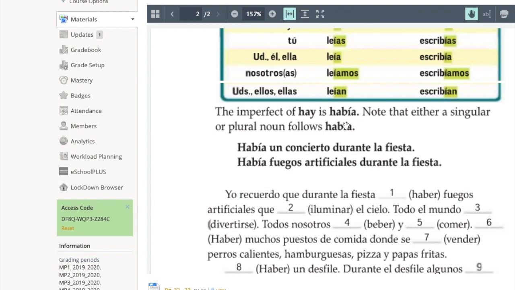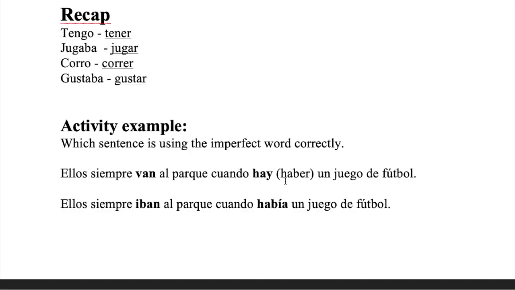But hay is also coming from the word haber. So basically I put that in parentheses because this is where it's coming from. But hay will change to había. So we had some confusion on that. And había is the word that we're looking for because that is the past one. Hay is present, había is past.